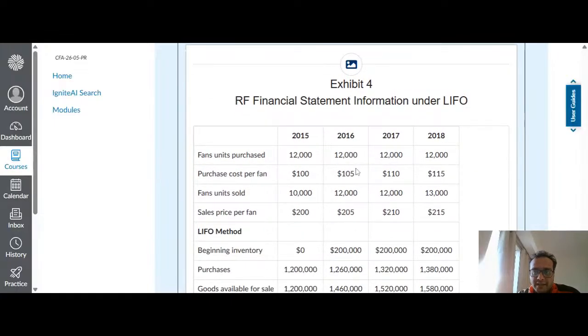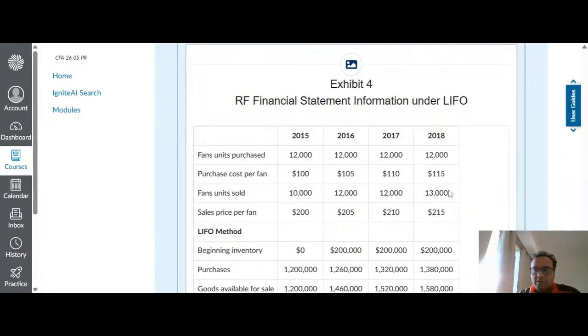So in 2015, 16, 17, 18, each year they are purchasing 12,000 fans. The cost has been increasing from $100 to $115. Each year they are selling something. In 2016 they have sold everything from their purchase. In 2017 they have sold everything from the purchases, because it is following LIFO.